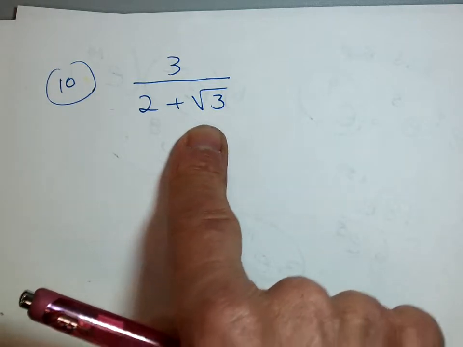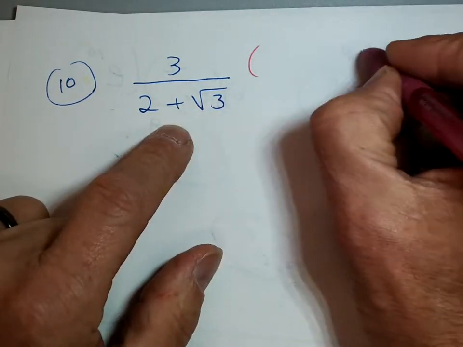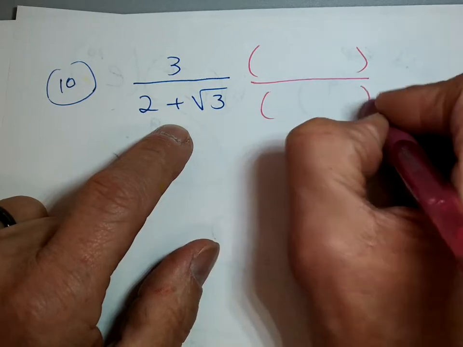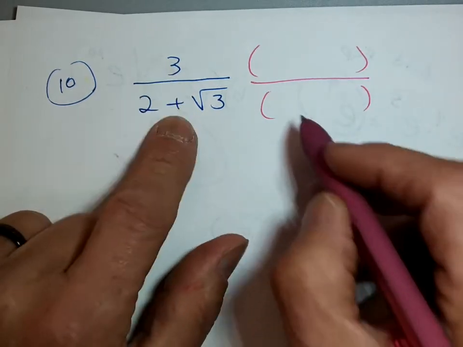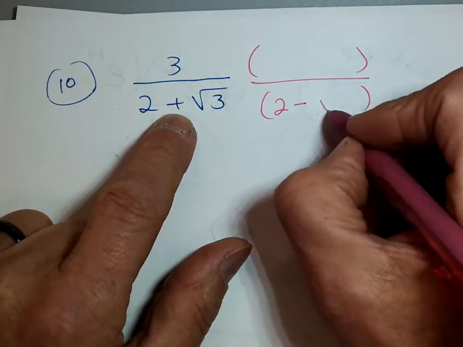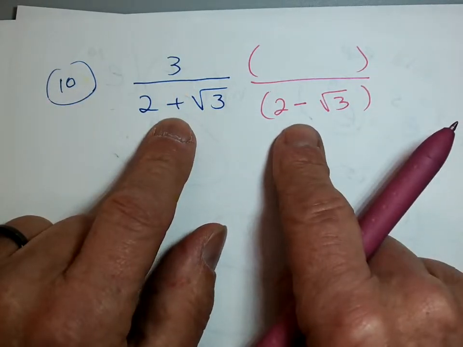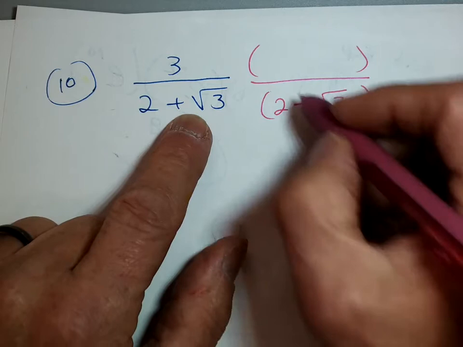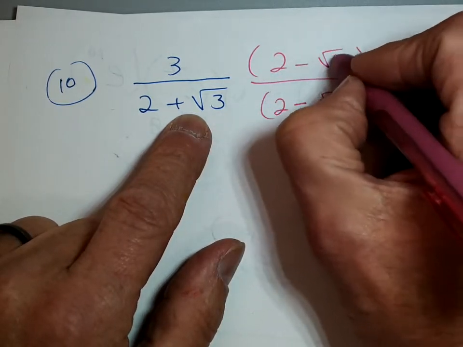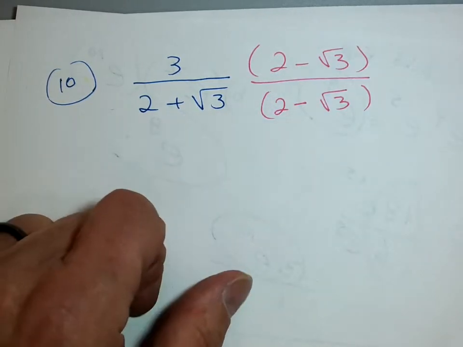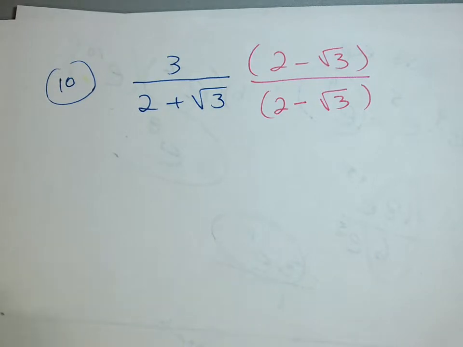So, I'm going to multiply it top and bottom by the conjugate. What is the conjugate? It is 2 minus the square root of 3. The conjugate is the opposite of that. The reason we do the opposite is because you'll see the middle terms will cancel. 2 minus the square root of 3. Okay, got it? Top and bottom by the conjugate.